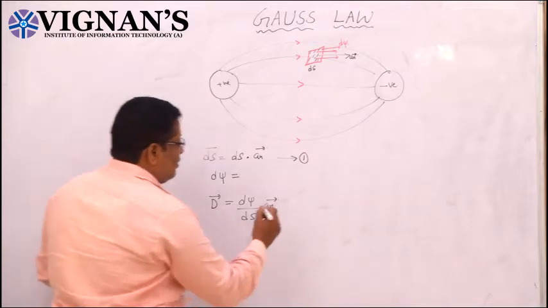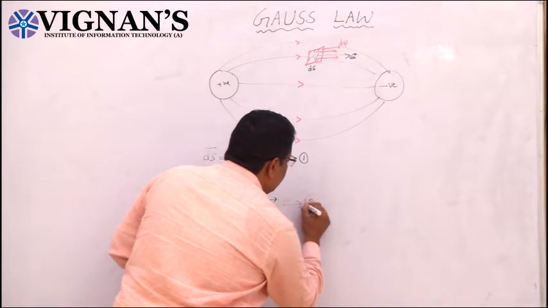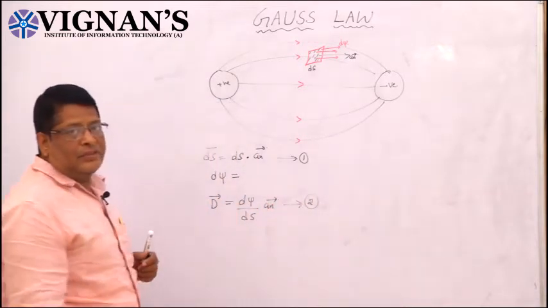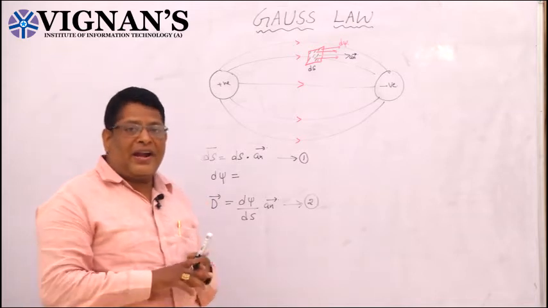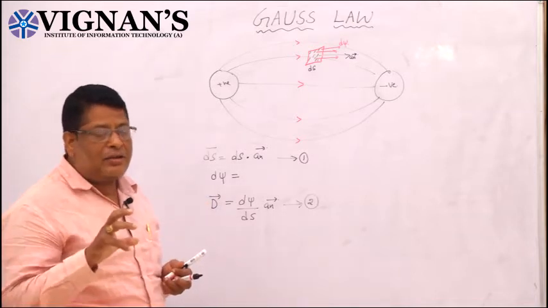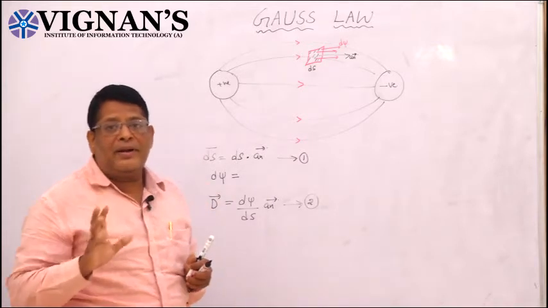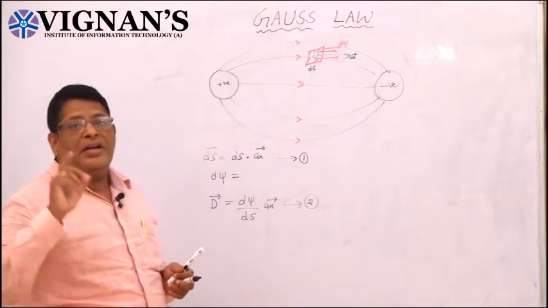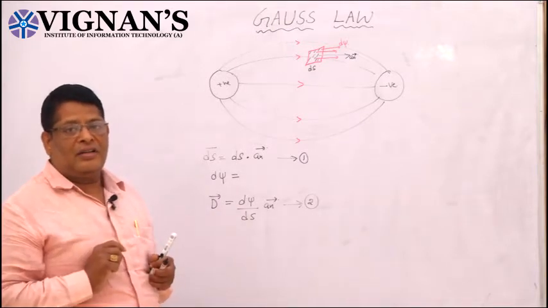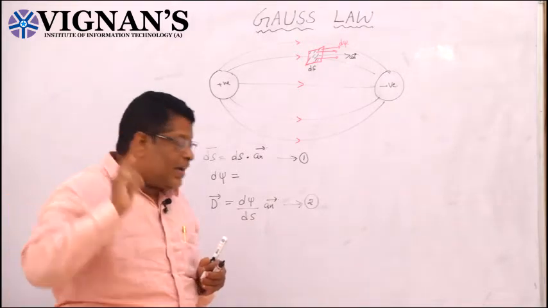See, in this manner, we are calculating the flux density. Again, I am repeating the definition of flux density. It is defined as how much flux is passing through the unit surface area. This is the formula. It is a vector quantity. It is not only the magnitude, it has some direction also.